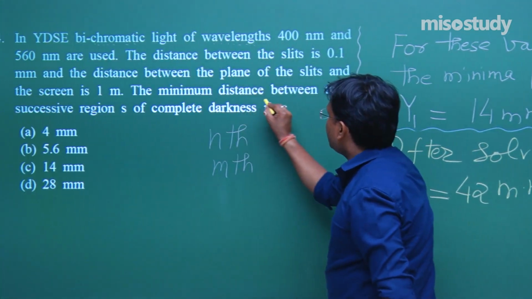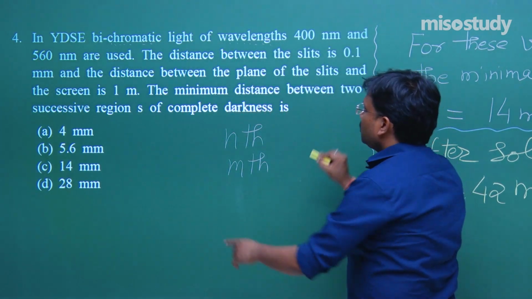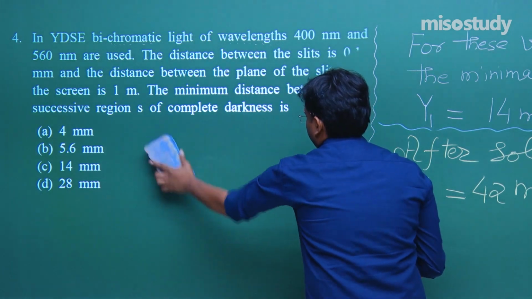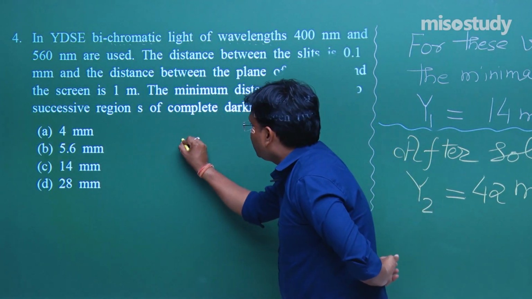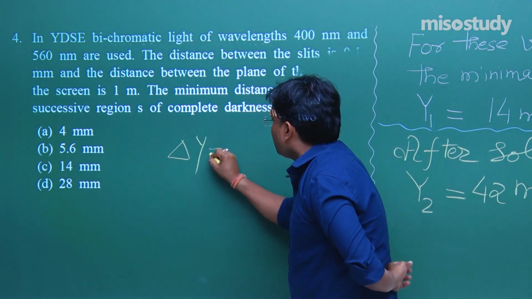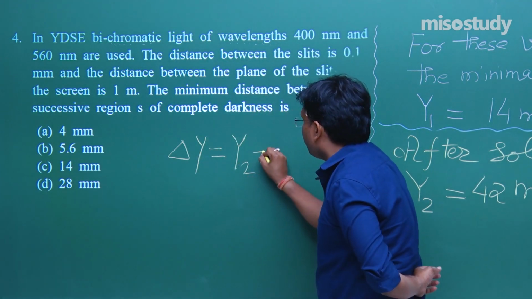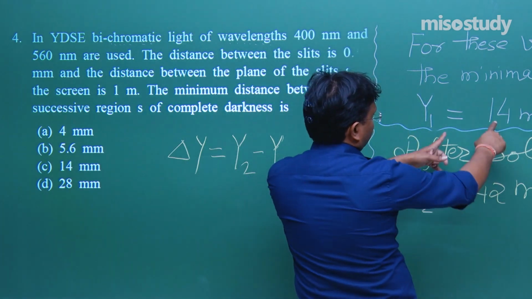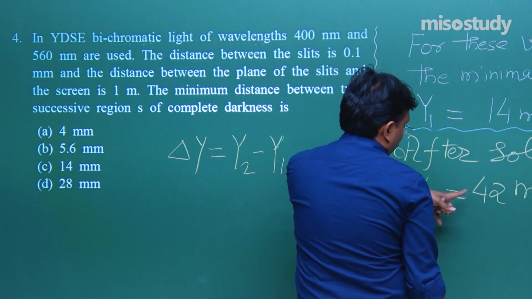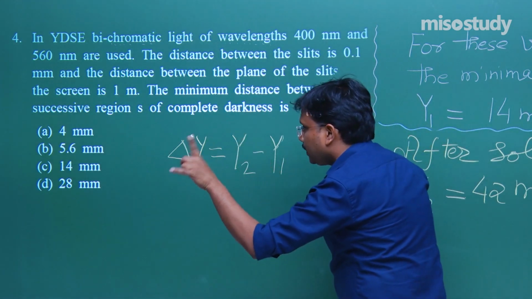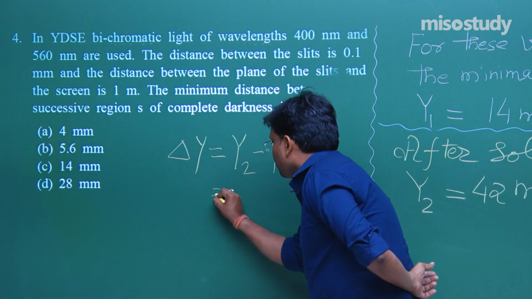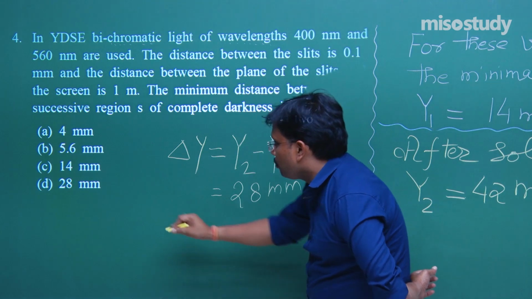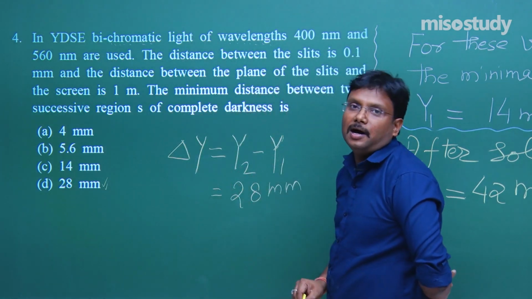The minimum distance between two successive regions is delta y is equal to y2 minus y1. What is the value of y2? 42. What is y1? 14. So 42 minus 14 will give you 28 mm. So 28 mm is your correct answer.